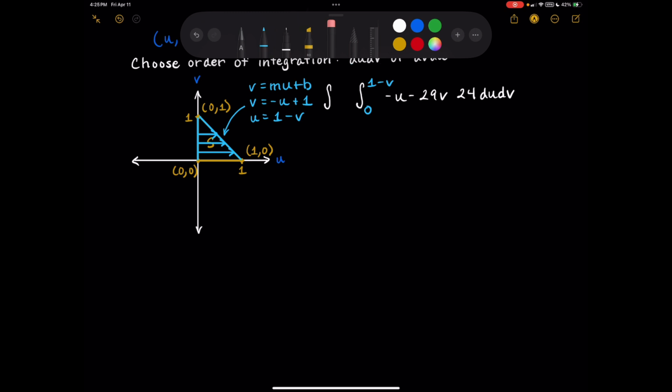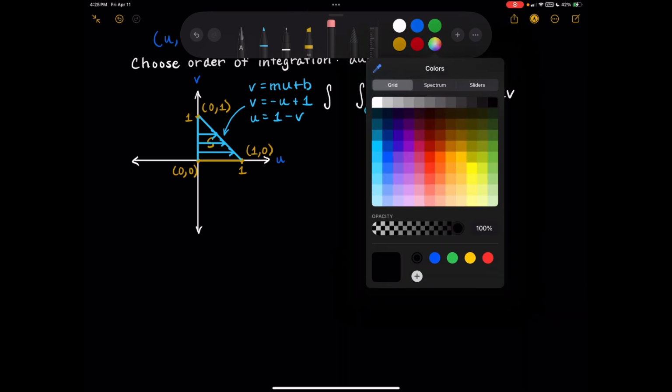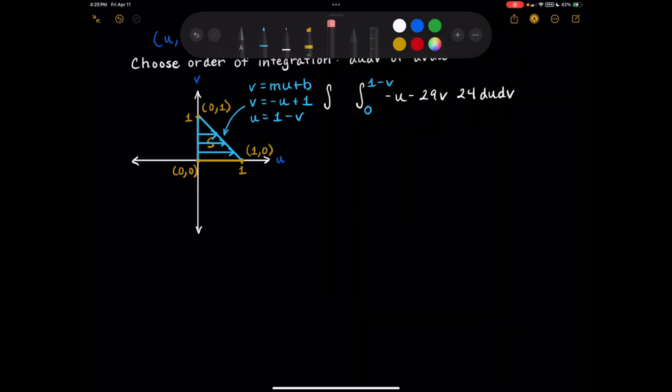But now if we want to find our bounds for v, we're going to see where does v range from, basically. And v will always just range from 0 until 1.